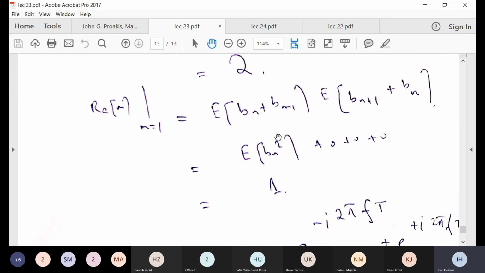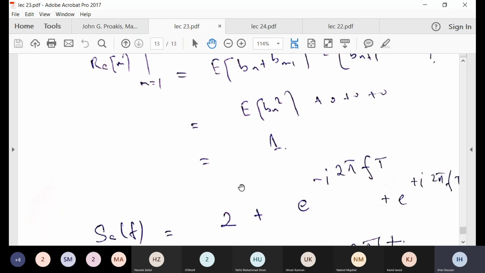Okay, so there all of their autocorrelation will be 0, and hence all their products will be 0, and hence the autocorrelation will be 0 from 2 onwards. It will only exist with respect to m is equal to 0, with respect to m is equal to 1, and with respect to m is equal to minus 1. And the value with 1 and minus 1 will be 1.